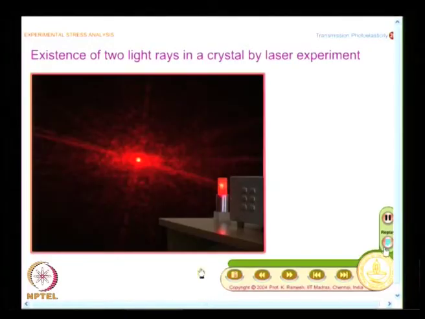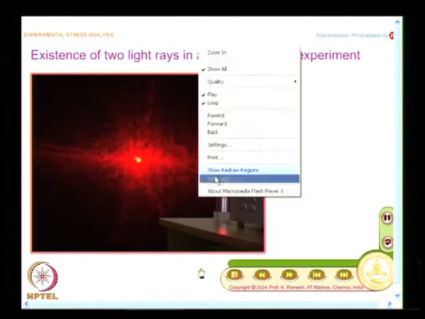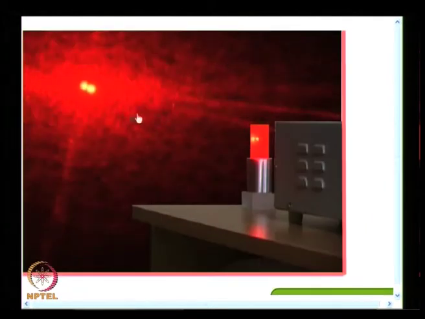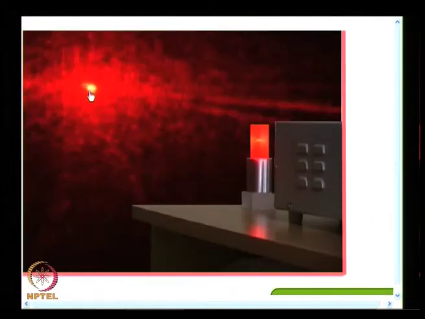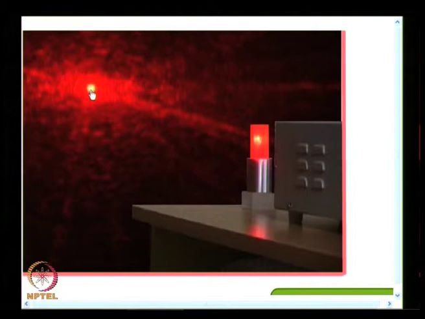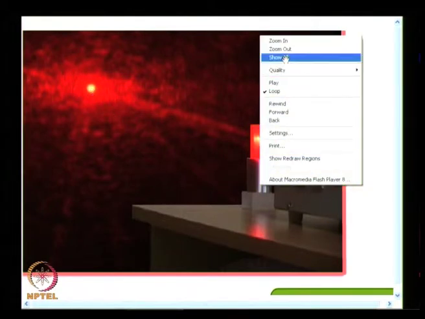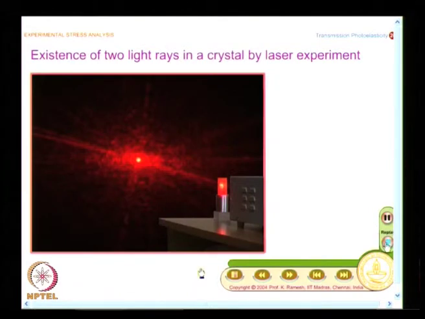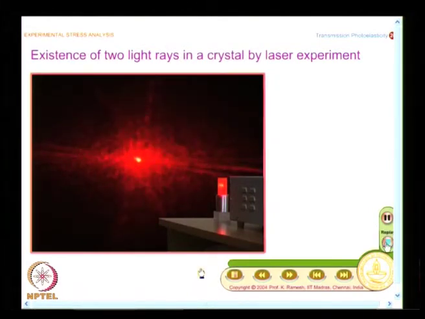The incident light in relation to the optic axis behaves differently. So, I will replay it and I will also have a magnified picture. So, you could see 2 dots and then that merges into 1, and once this is observed, you can repeat it again and then see.